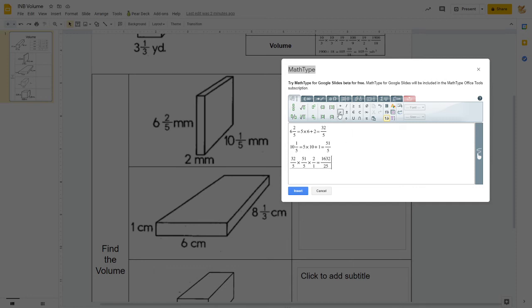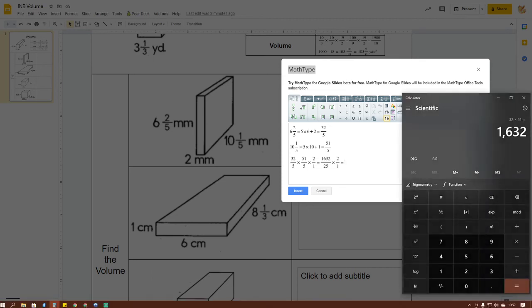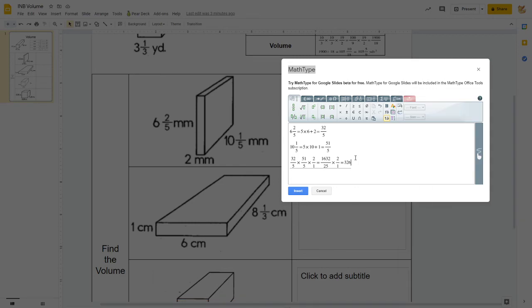And I'm going to multiply that by 2. Well, let's pull up my calculator again. Times 2. 3264. 3264. And 25 times 1 is 25.